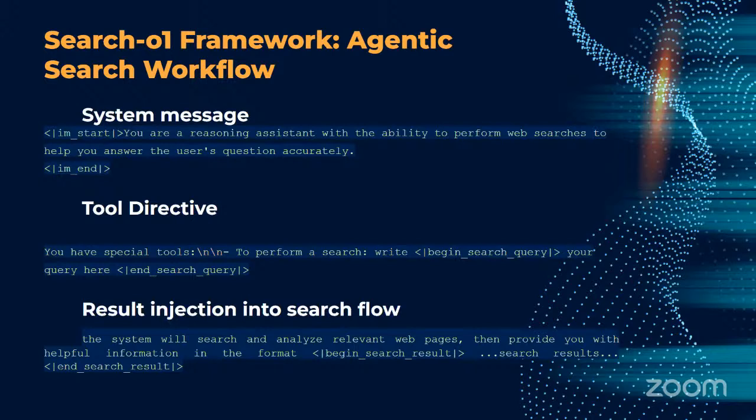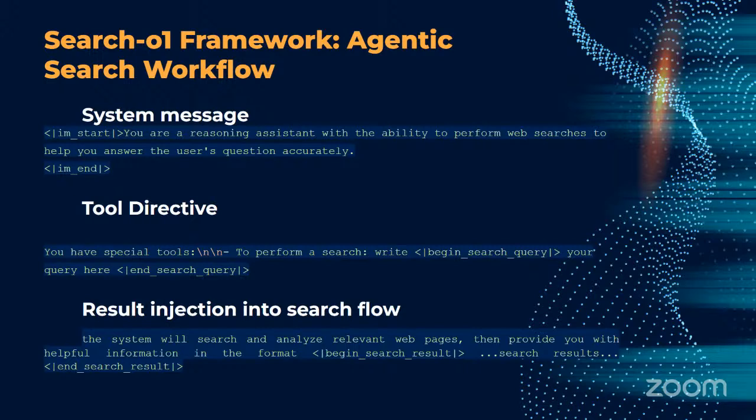So let's look at an example. You can see the system message. The system message is: you're a reasoning assistant with the ability to perform web search to help you answer a user's questions accurately. Then the tool we give it in that prompt is that it can perform web search with these begin search query and end search query directives.